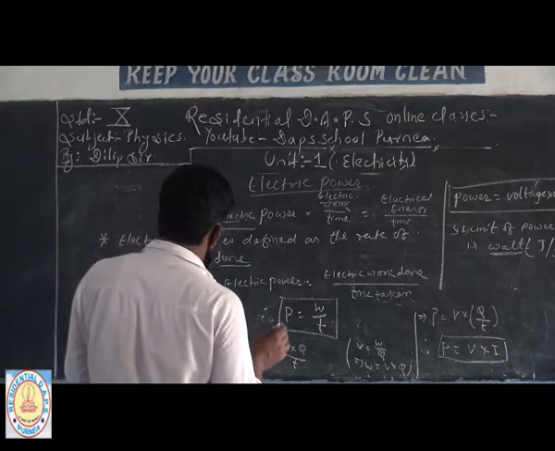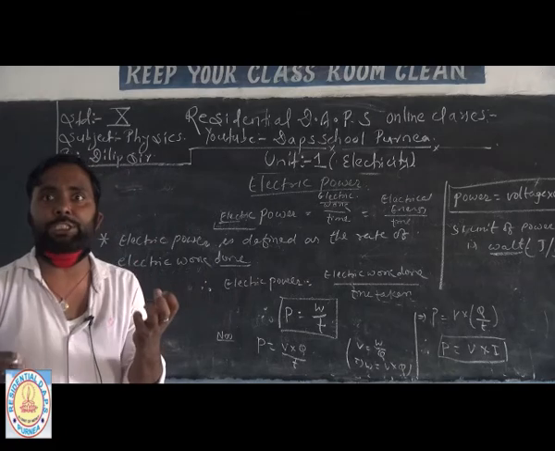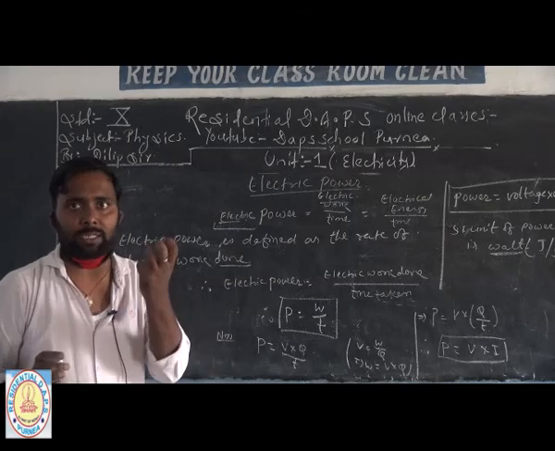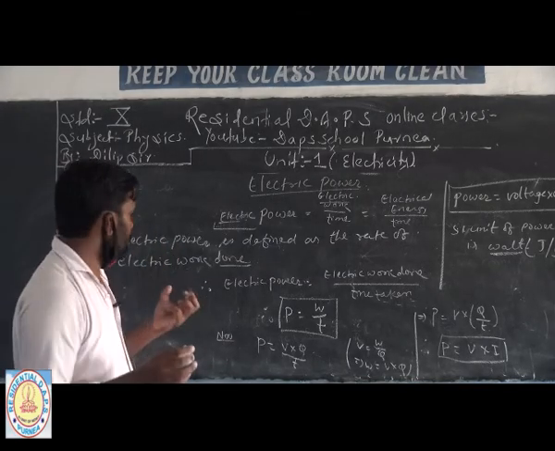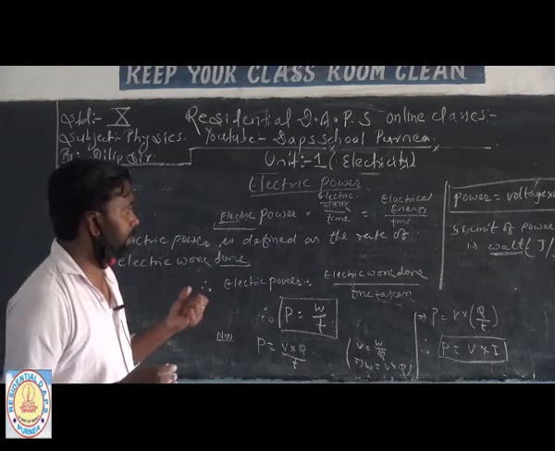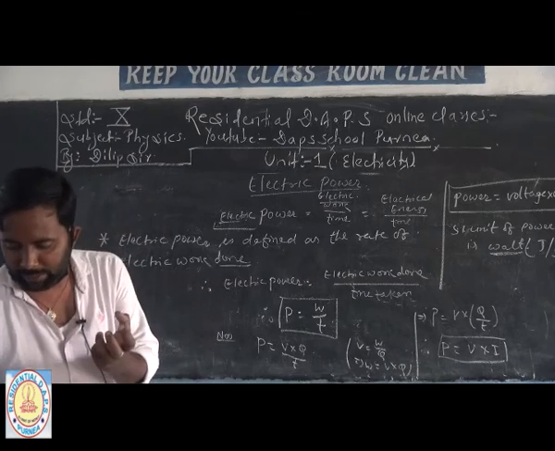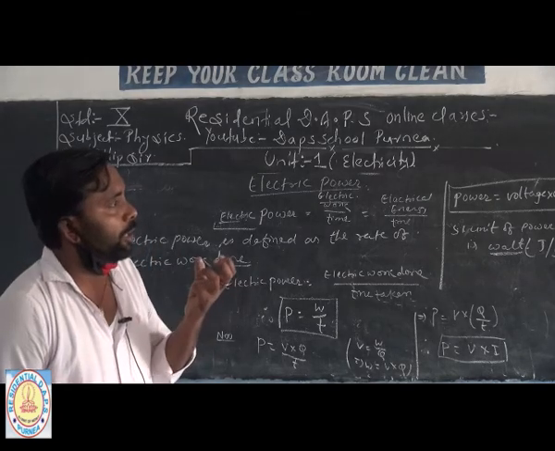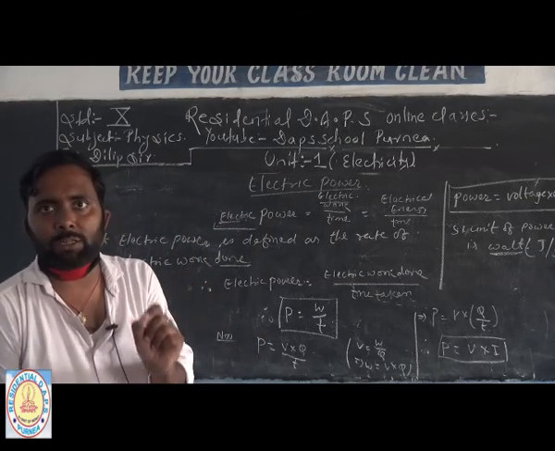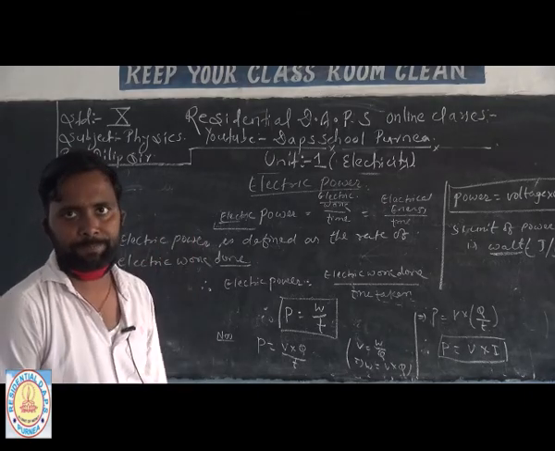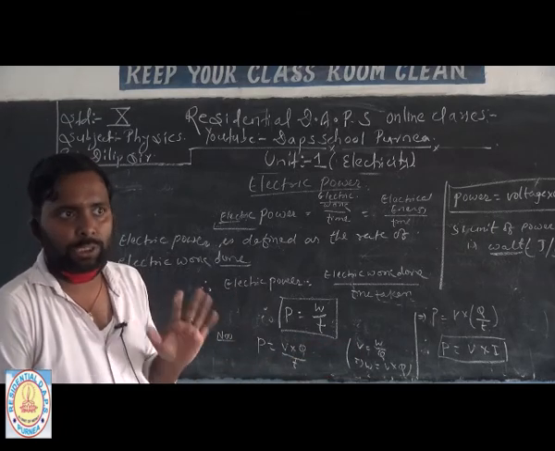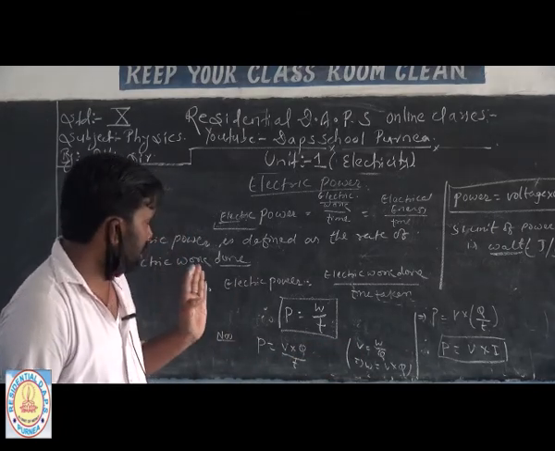Power indicates how much electrical energy it consumes, or how fast the appliance works. This rate of work done is denoted by the power. For example, if we buy an electric motor of power 200 watt, then it means that it can do a work of 200 joule per second. In 1 second the electric motor works 200 joule, so it is powerful. This is electric power.